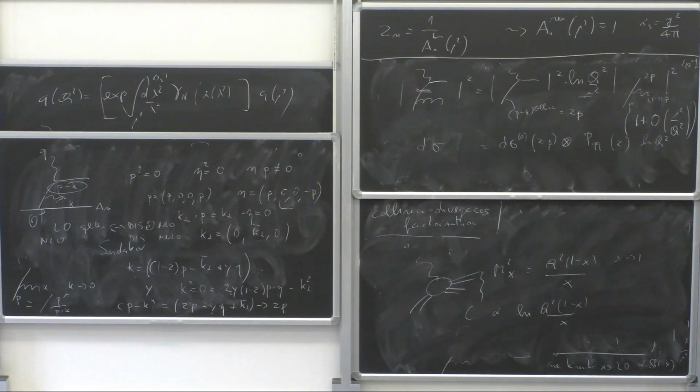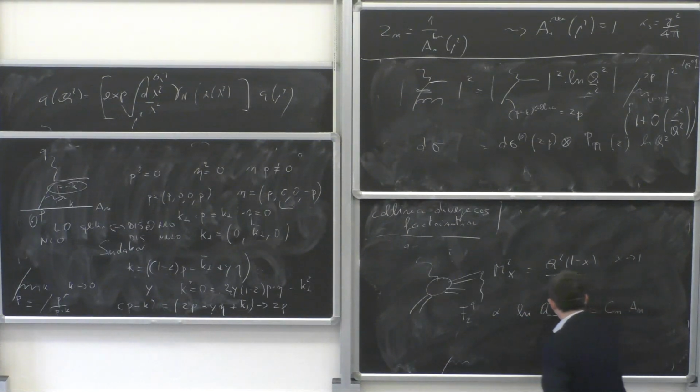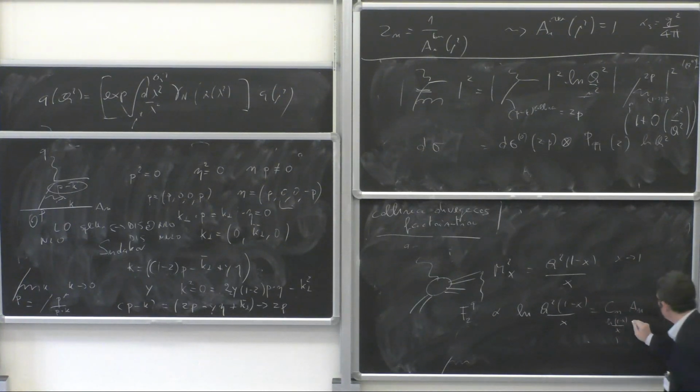When I factor my collinear singularities, let's say this is F2 on a quark, this will contain such a log. And then when I write this as my coefficient function Cn times An, what happens is that I split this log. So I write this as a log (1 minus x) over x, which I put in the coefficient function, and the log Q square, which I put in the evolution of the operator matrix element.